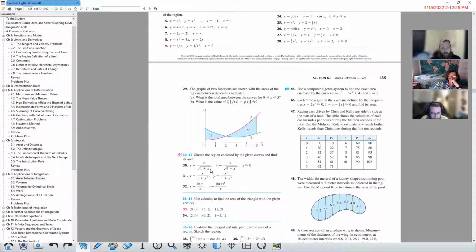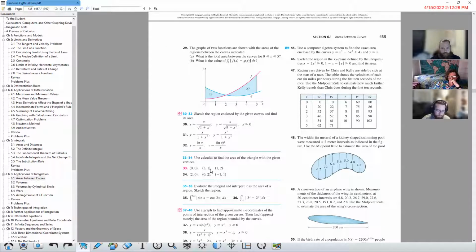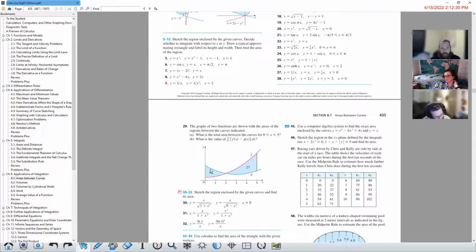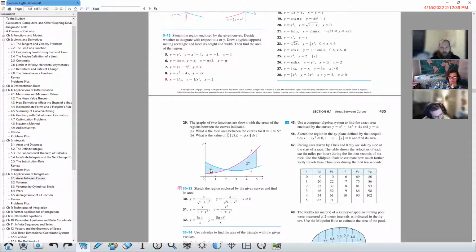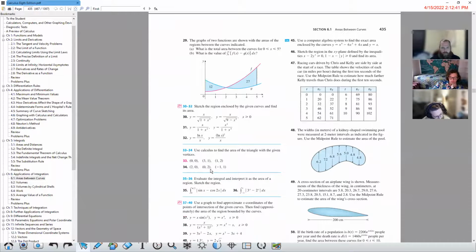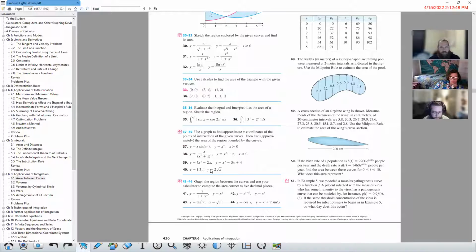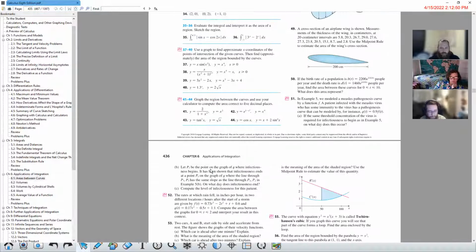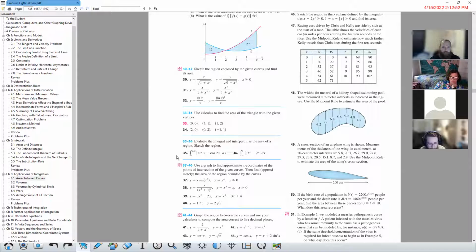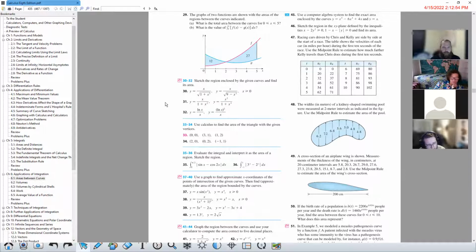Oh, yeah, some of those are quite tricky. Sorry, just perusing. All right. Each one of 30 through 32 require a substitution. Now we can take a look at some of these.